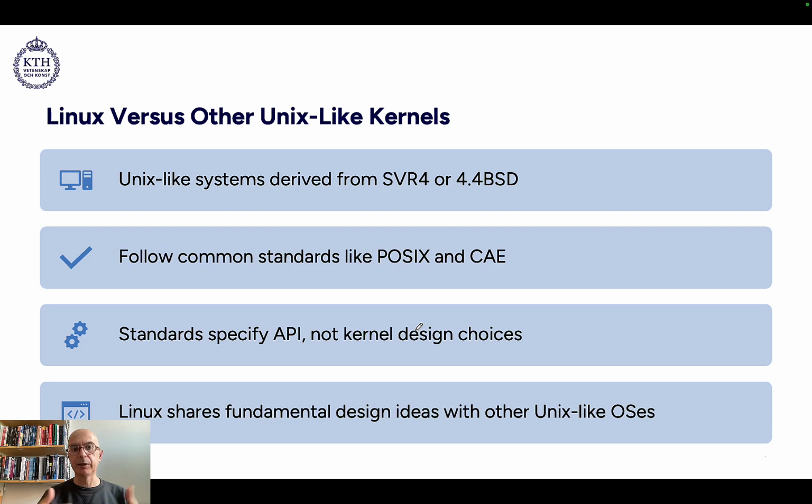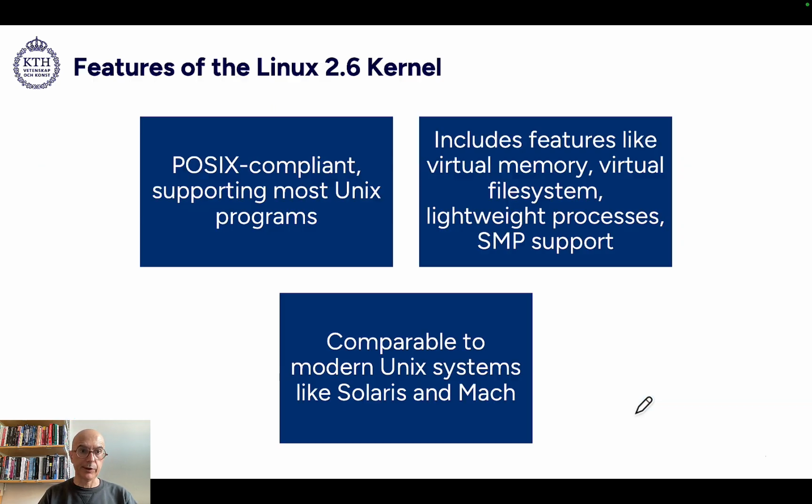So basically the semantics of certain operations. The standard does not provide kernel design choices. This is actually left to the implementer to choose how to implement the standard. Linux shares fundamental design ideas with other Unix-like operating systems.